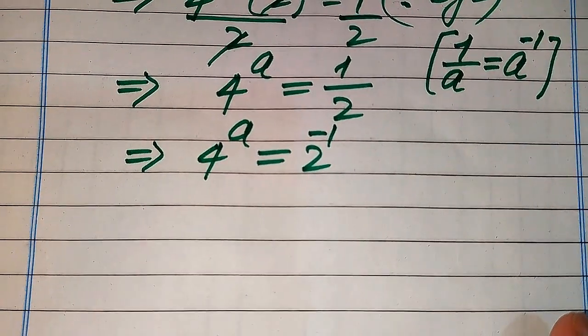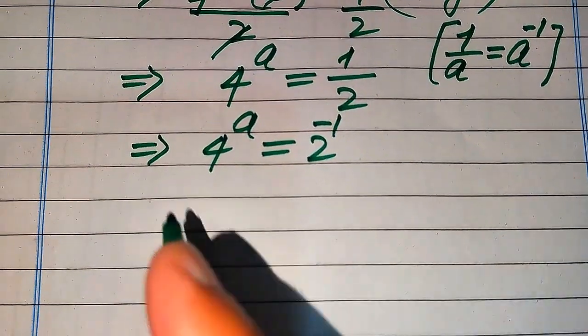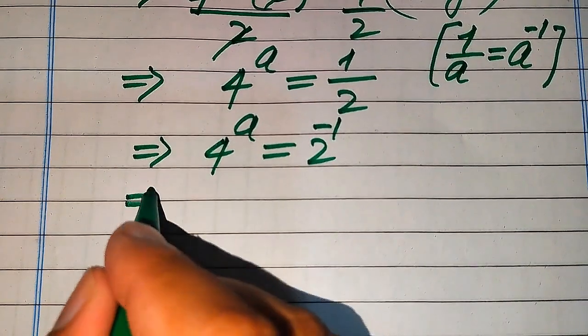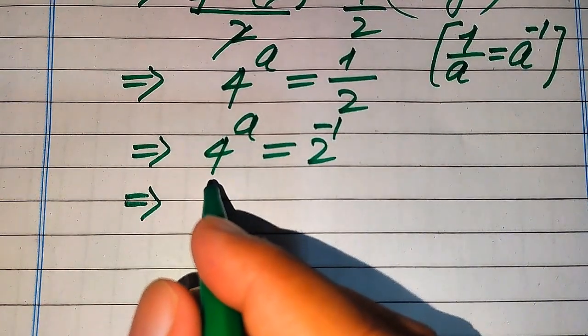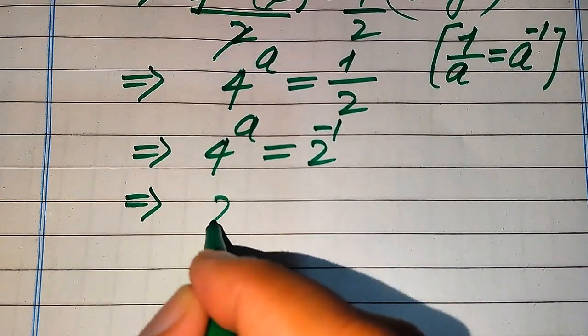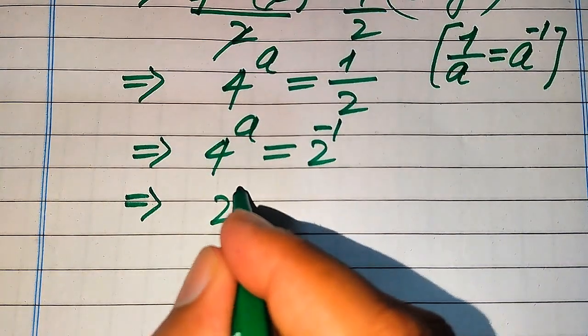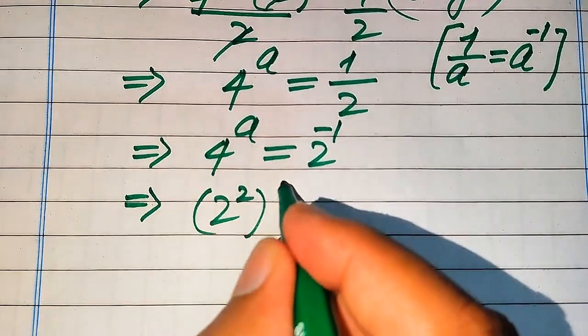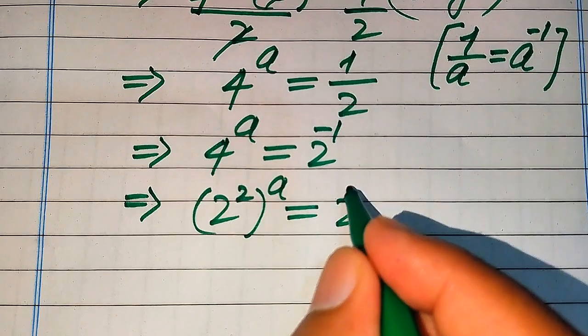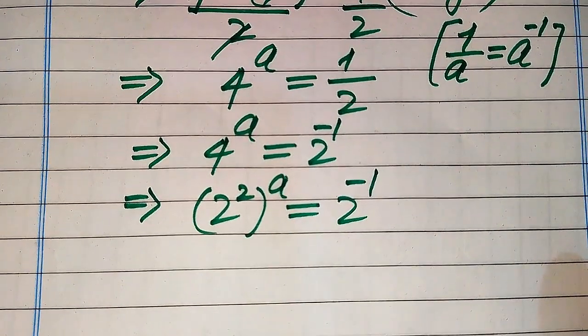Now in the next step we focus on the left hand side, where we have 4, and we need to take the prime factors of this 4. The prime factors of 4 are 2 squared, and its whole power a is equal to 2 inverse.